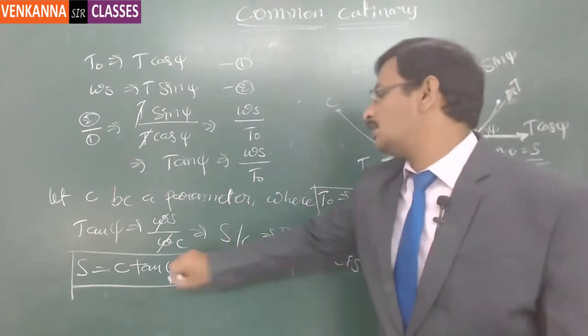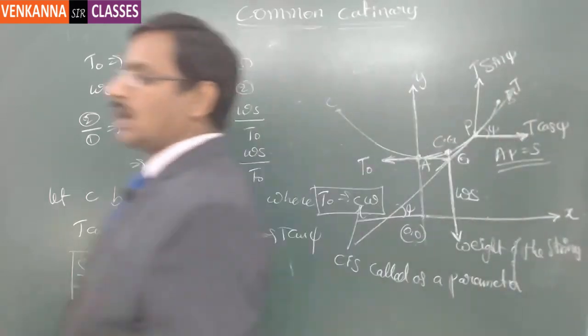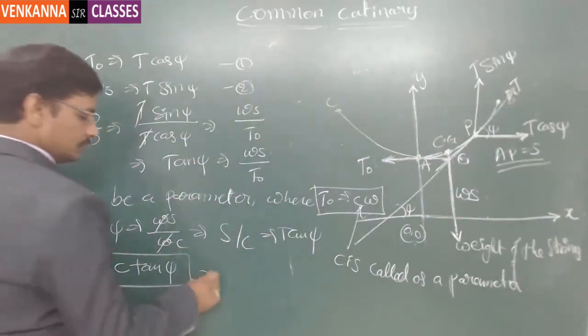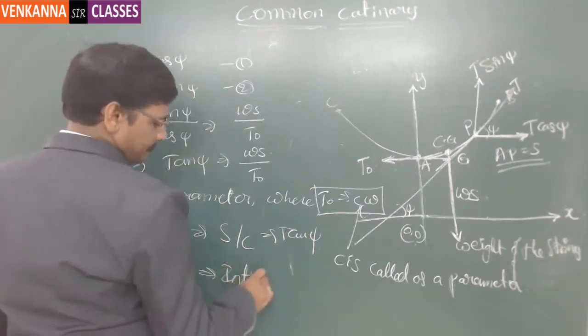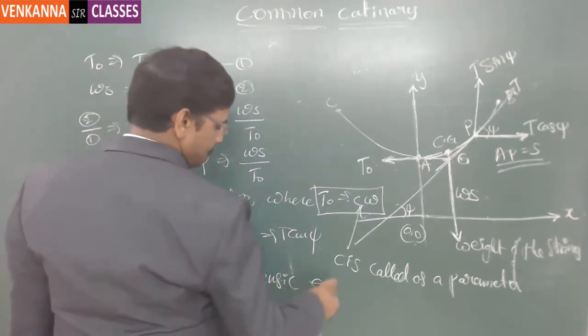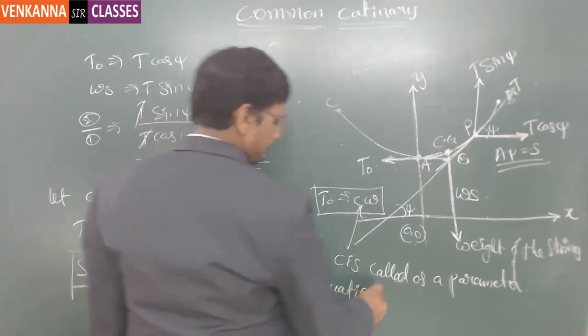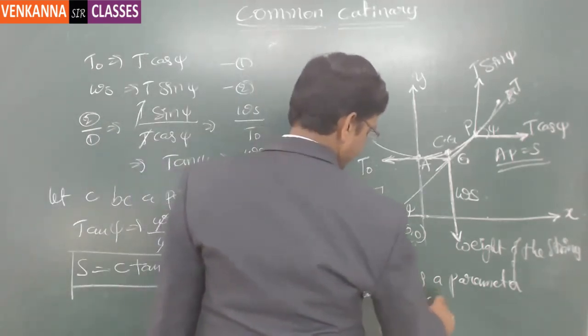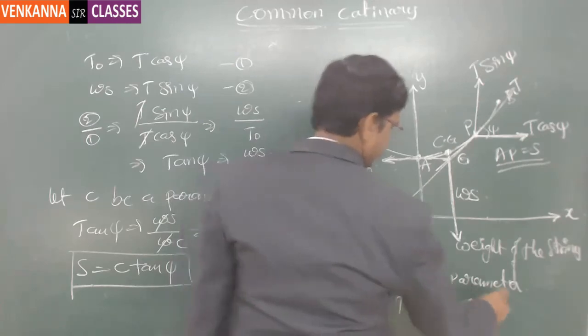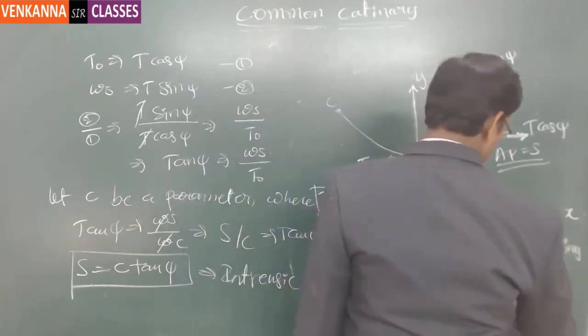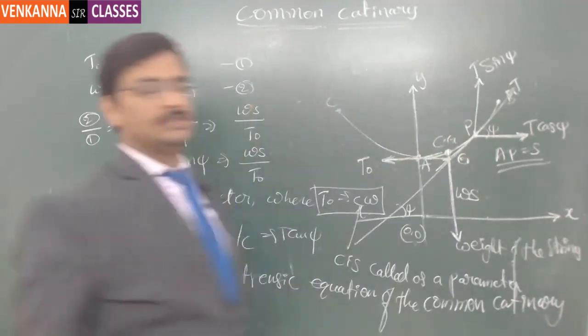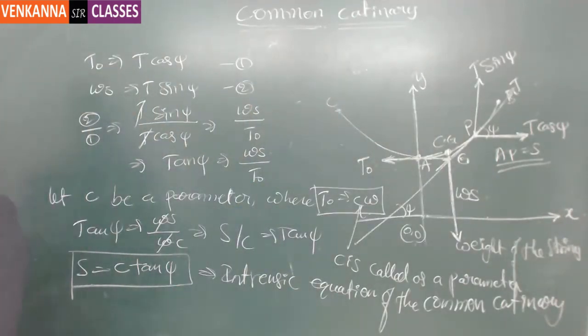This is what is called the intrinsic equation of the common catenary. You can note it down: S is equal to C tan psi, where C is the parameter and psi is the angle made by the tension with respect to the x-axis.